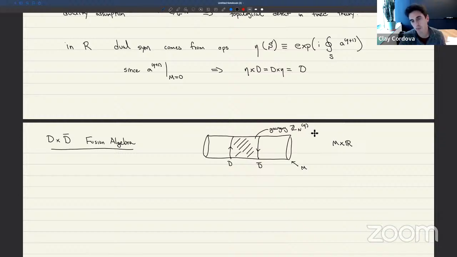Let me now restrict to the Z_n case, just to be very concrete. If we want to study the fusion algebra of D and D bar, we have to understand what happens when we gauge this Z_n higher form symmetry in a slab with Dirichlet boundary conditions at either end of this slab.